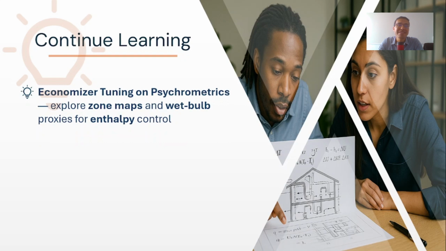To deepen your understanding, you could study economizer tuning using psychrometric charts. These charts can map out different climate regions and help you consider using wet bulb temperature as a proxy for enthalpy to improve performance when your sensor suite is limited.